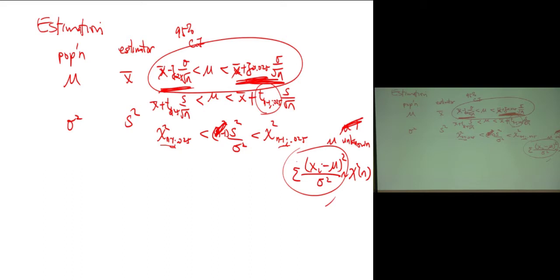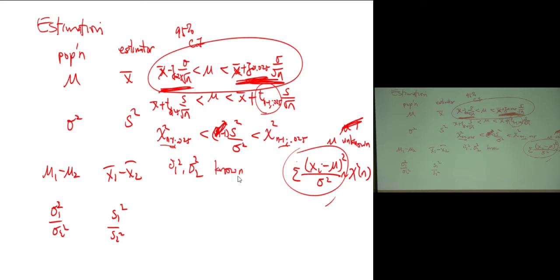Okay, so we also have mu1 minus mu2, right? And sigma 1 square over sigma 2 square. So naturally we will consider these. And then the confidence interval depends on what you know. For example, when sigma 1 square and sigma 2 square are known, then what to do? And when they're not known, then what to do?